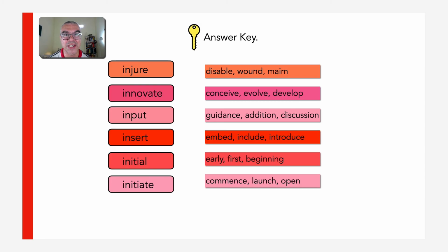Insert goes with embed, include, introduce. And initial has a similar meaning to early, first, beginning. Lastly, initiate. That one, of course, is with the last set that's available. Commence, launch, open. Well done, everybody.